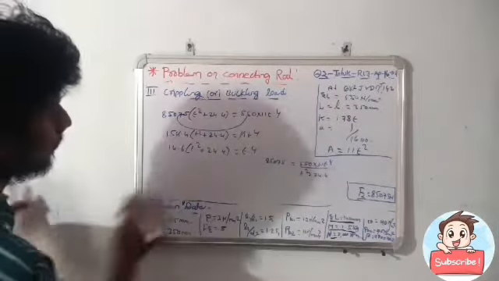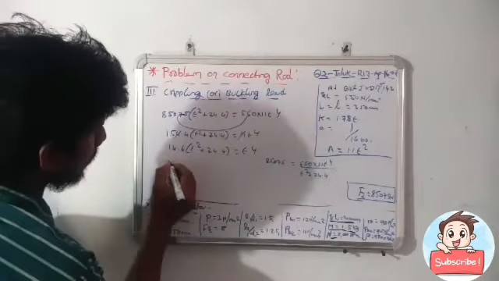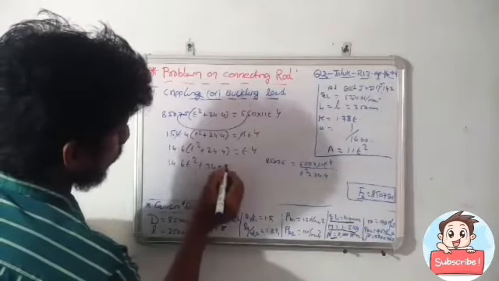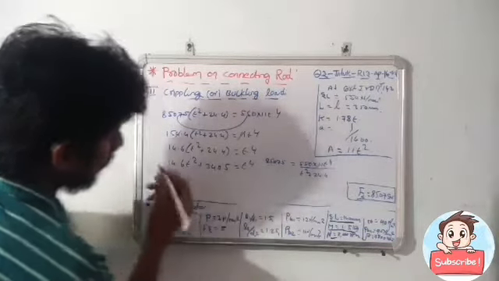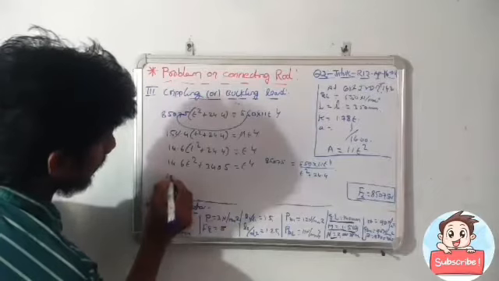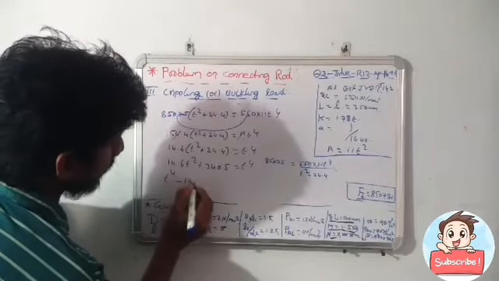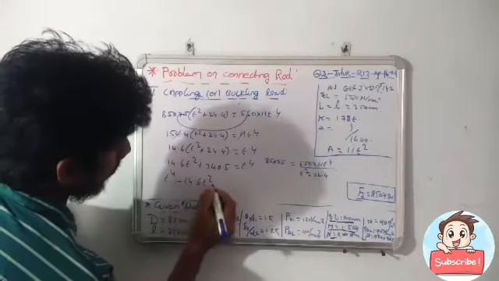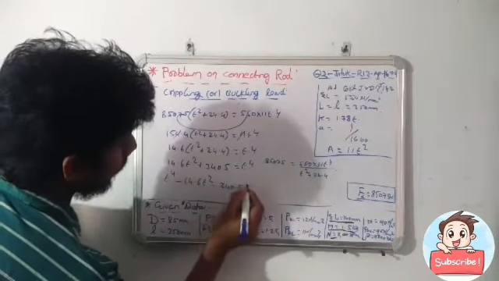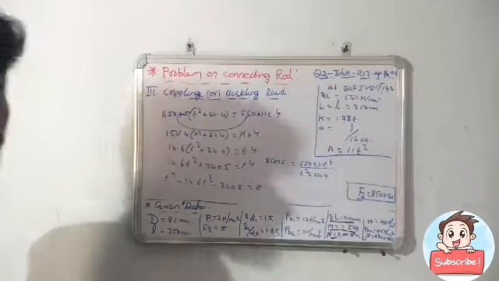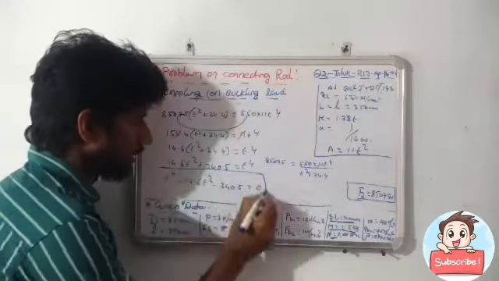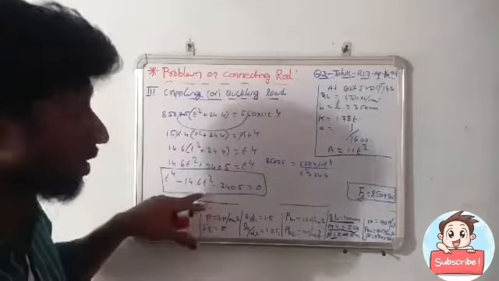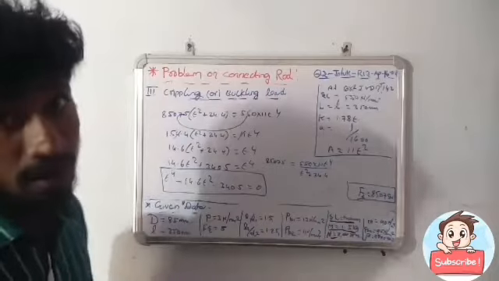So ultimately, by multiplying this value, 14.6 t square plus 340.5, that is equal to t to the power of 4. So ultimately t to the power of 4 minus 14.6 t square minus 340.5 is equal to 0. If we find out this equation, it is in the form of a quadratic equation. By applying the quadratic formula, here we get the t value.